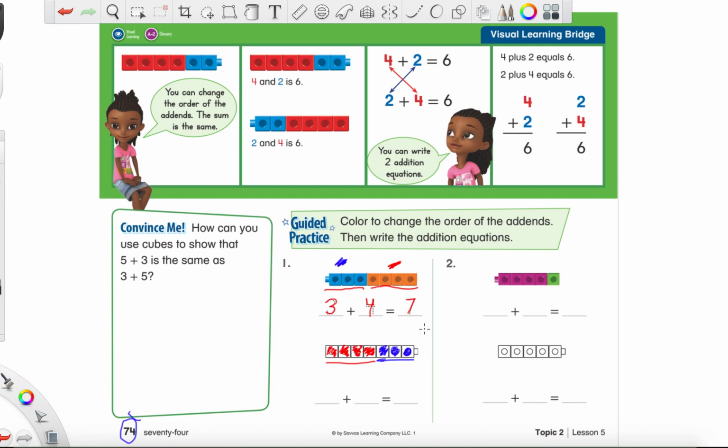That's fine also. So now that we have our colors flip-flopped, how would we write our addition sentence? What number would go first? Well, it would be the red. So go ahead and count the red and write that first.